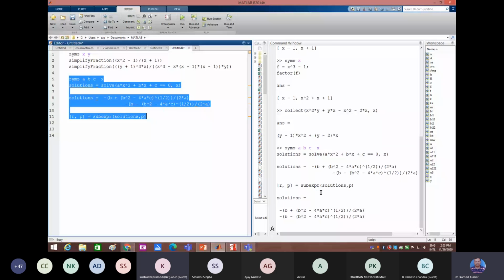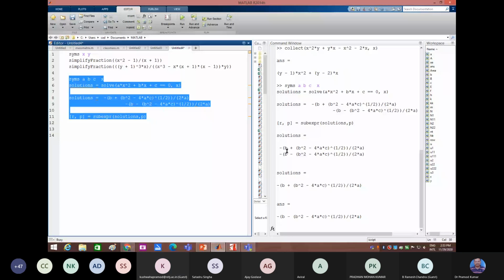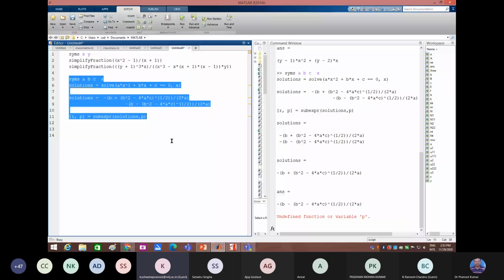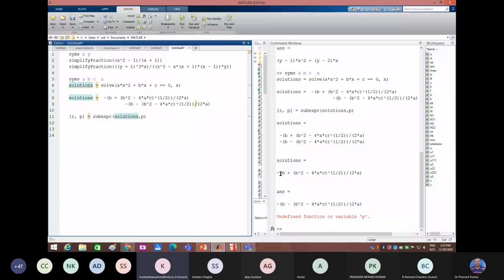This is b square, and b square minus 4ac. We want to replace this. It is asking what is p. So p, we have to define that this thing is p, and therefore it will replace that p earlier.